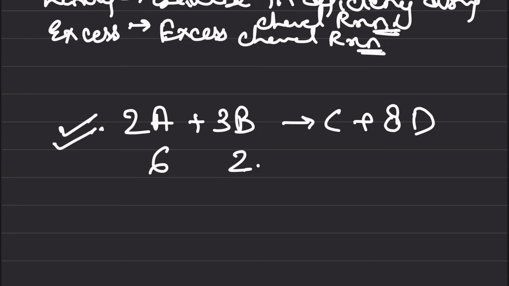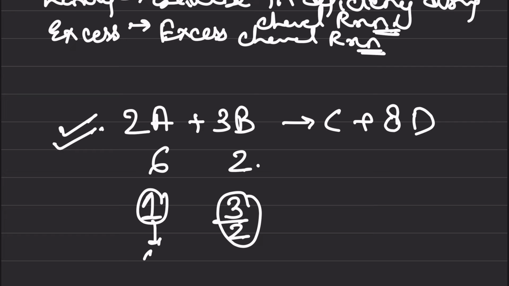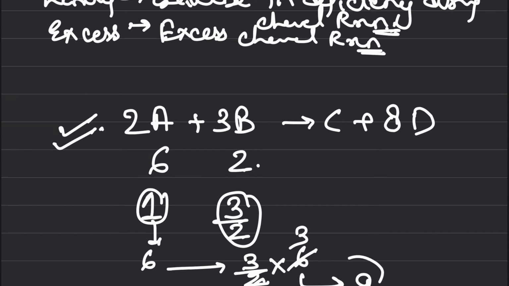We can clearly see that if the number of moles of A is 1, the number of moles of B required will be 3 by 2. So if the moles of A are 6, the moles of B required will be 3 by 2 into 6, which is 9. So 9 moles of B will be required if the moles of A are 6, because 3 by 2 times the moles of A will be required for this particular chemical reaction.